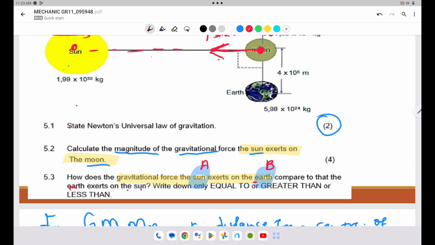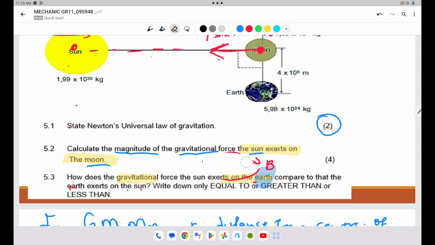In other words, we are comparing the force that object A exerts on B to the force that B exerts on A. And remember, from Newton's third law, we have said that if object A exerts a force on object B, then B will simultaneously exert an oppositely directed force of equal magnitude.